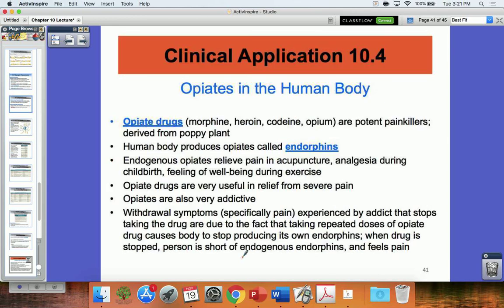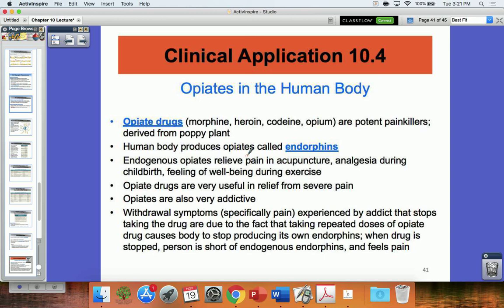One thing that's kind of interesting about man-made opiate drugs like morphine or heroin and opium, we all know that these are painkillers, and of course, we all know that they are abused, right? But the thing is, we produce natural opiates, and those opiates are the endorphins that I was just referring to.